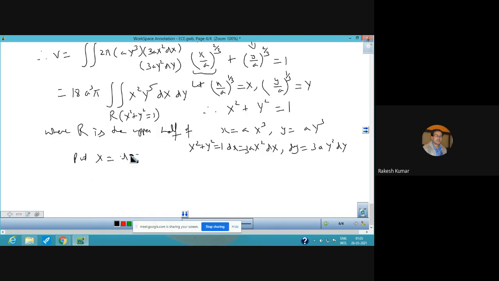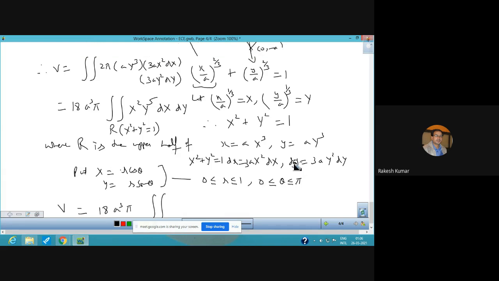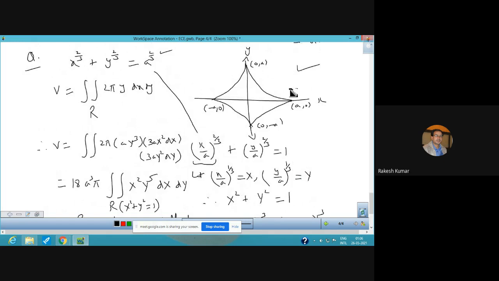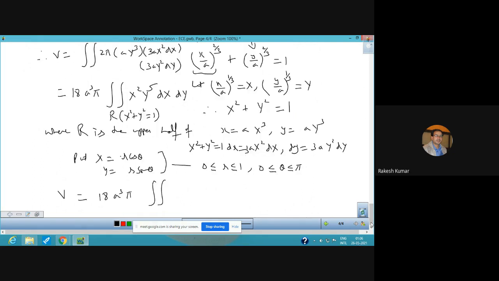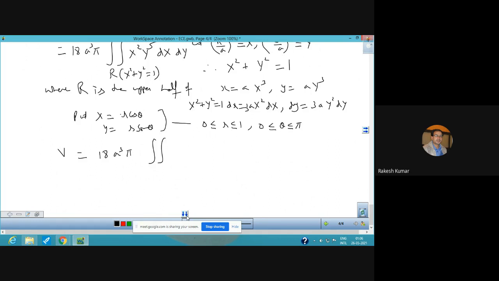Put x is equal to r cos theta, y is equal to r sine theta. So the volume is 18 a cube pi over the double integral, and by combining, the radius of the circle is 1, and theta varies from 0 to pi, because we are taking the complete upper half. From this point to this point we have a semicircle, so the angle of rotation is 180 degrees.